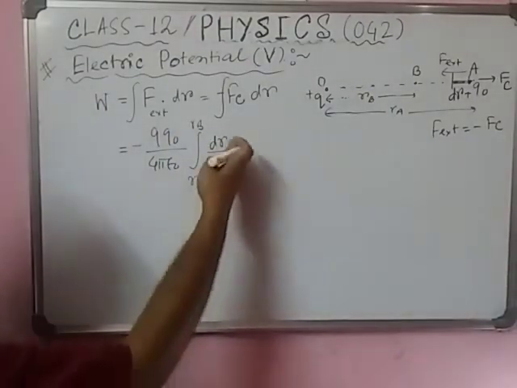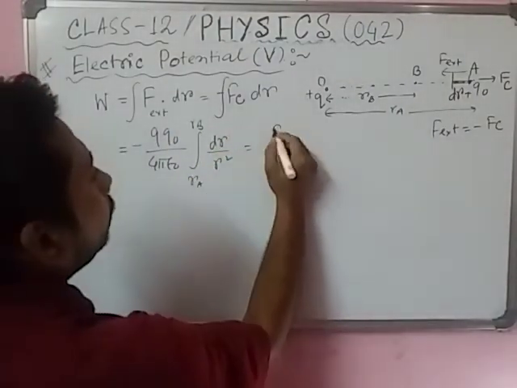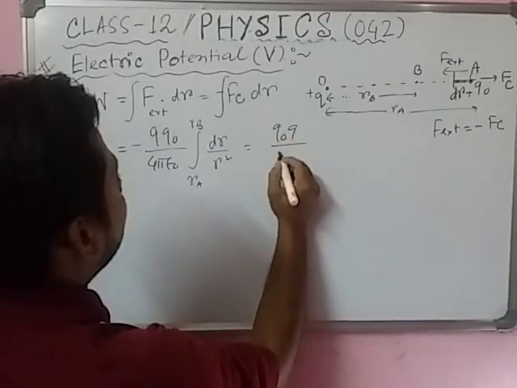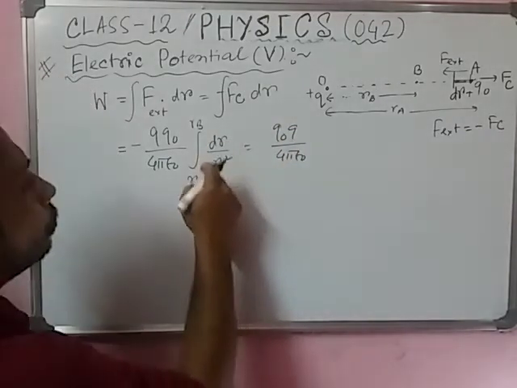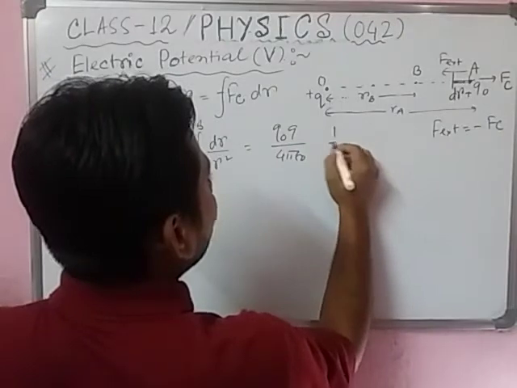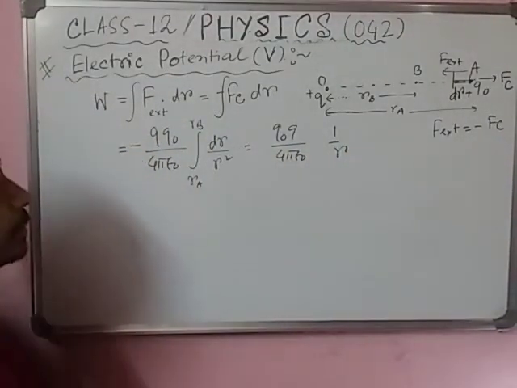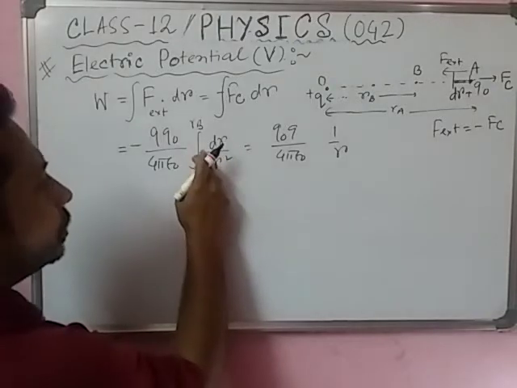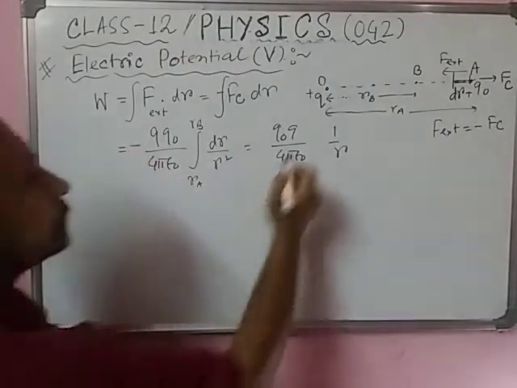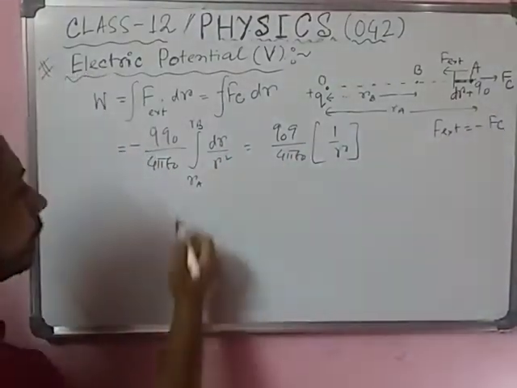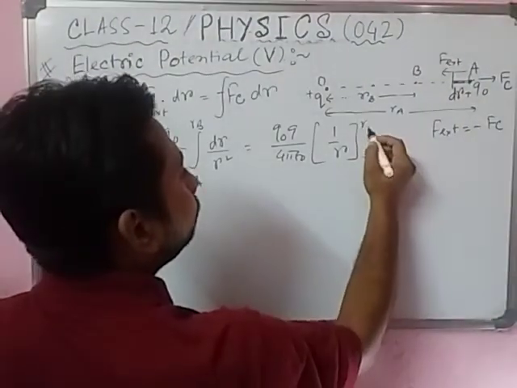So you know the integration of dr by r square. Q Q naught by 4 pi epsilon naught, and you know that the integration gives you 1 by r. There is a minus due to integration and a minus here, so it means plus. Then put a bracket from RA to RB.